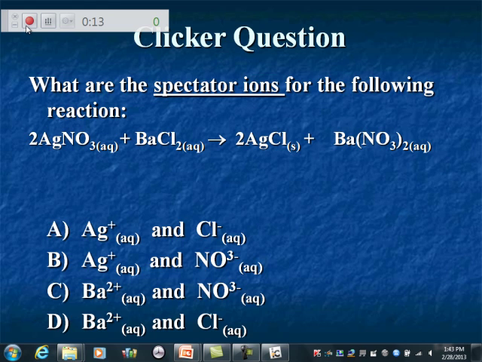But in order to see the spectator ions, you have to write down your ionic equation. Do we have any more PowerPoint slides of this chapter, guys? Okay, then let's do this one and we will stop. We will start the next chapter on Tuesday.